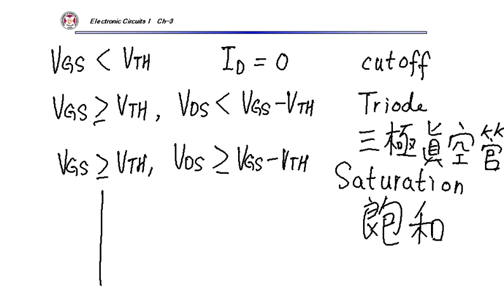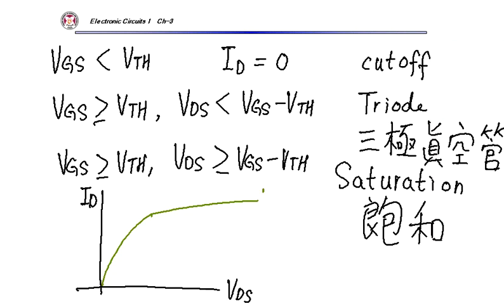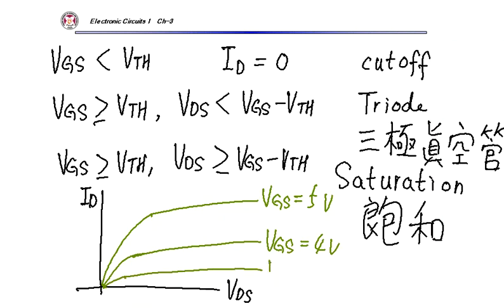So the current voltage characteristic looks like this. Say when VGS equals, for example, 5 volt. Okay, when VGS equals 4 volt, so yeah, when VGS equals 3 volt, so this is the boundary between triode and saturation.